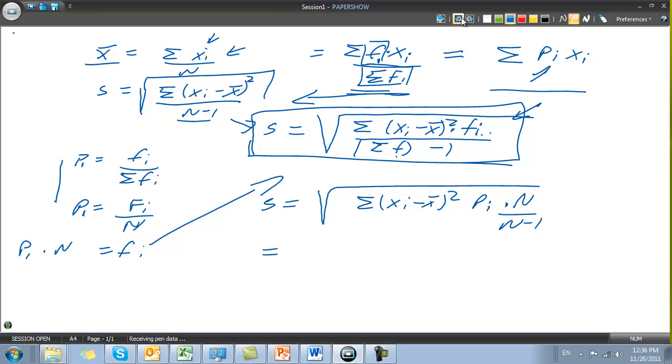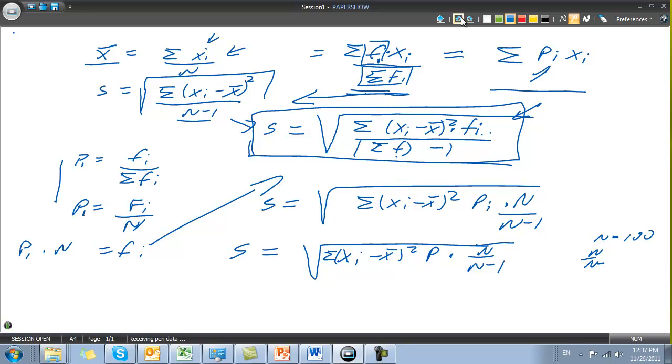So basically, my sample standard deviation is the sum of the x of i minus x bar squared times my probability times this ratio of n over n less 1. And I rewrote it because for large n, like suppose n equals 100, this n over n less 1 is about 100 over 99, which is about 1.